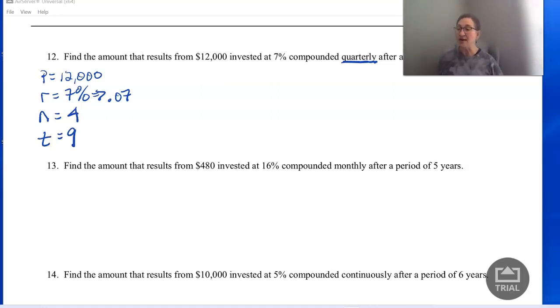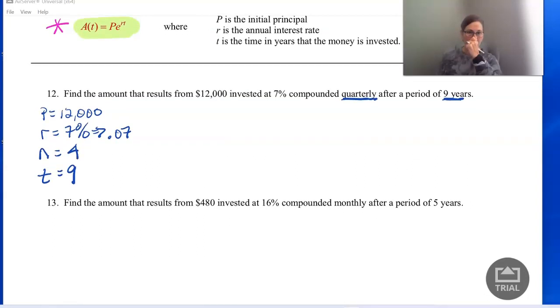Then I just go ahead and plug everything into the formula. I'm looking for the amount of my investment after 9 years, so when my t is 9.